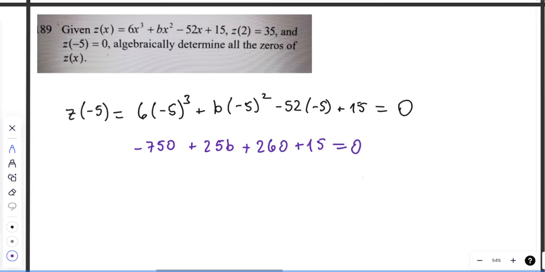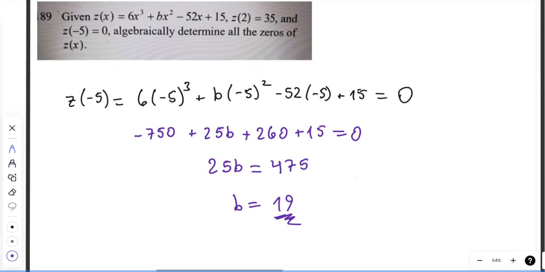This all equals 0. If I isolate everything, I keep 25b right here, then I move 750 onto the other side and subtract 260 and 15 to get 25b equals 475. Divide by 25 to get b equals 19. So there's our b value.